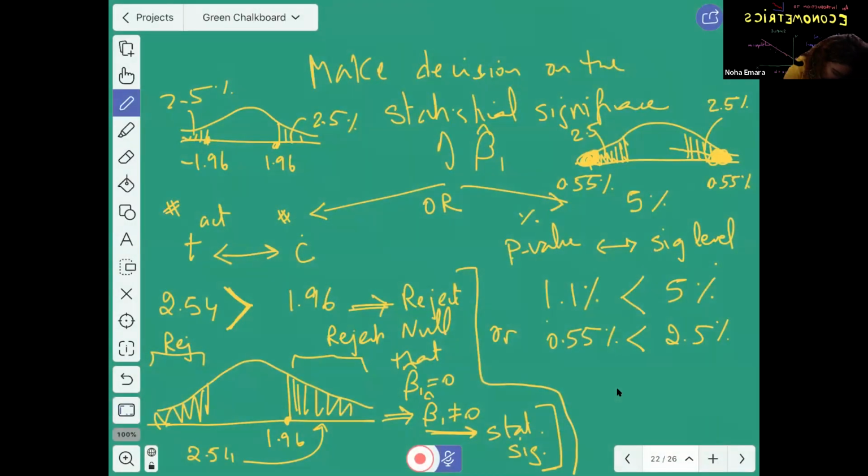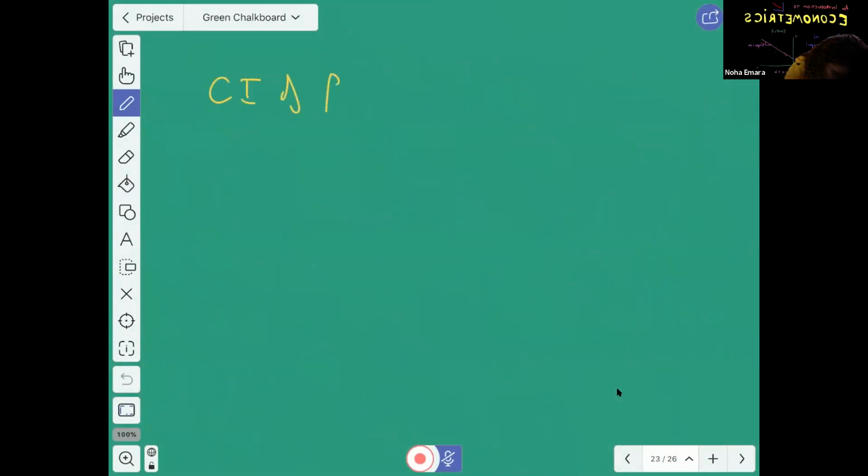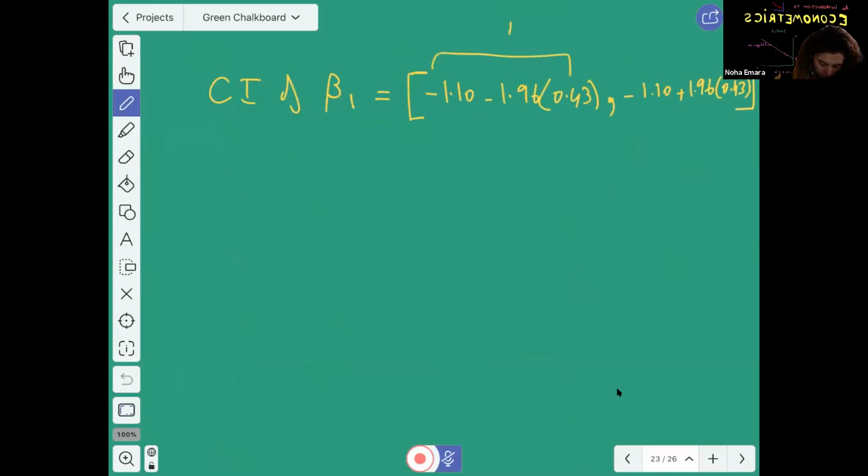The confidence interval of beta 1 is equal to the coefficient minus 1.96 times the standard error, and this is the lower limit, and you have the upper limit, 1.10 plus 1.96 times 0.43, and you close. This is the upper limit. So this is what we call the lower limit, and this is what we call the upper limit.